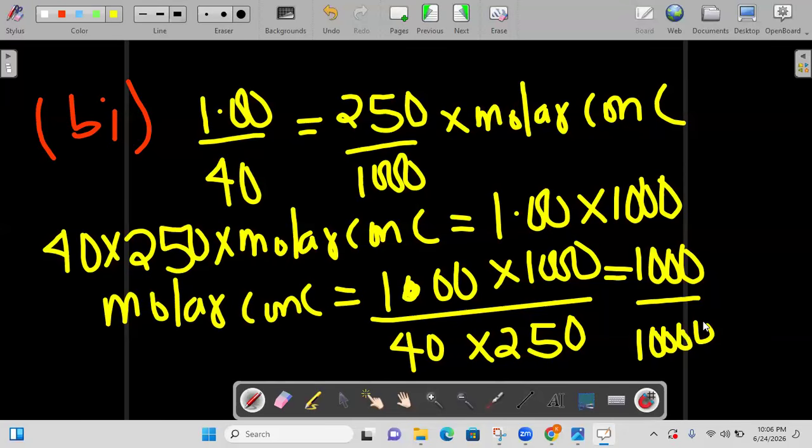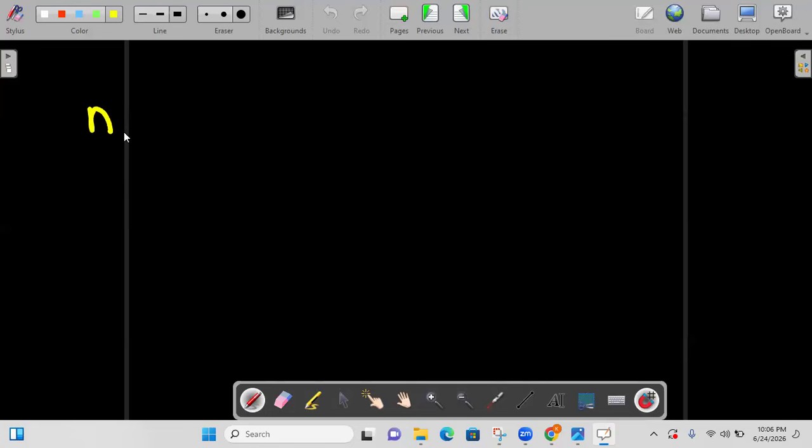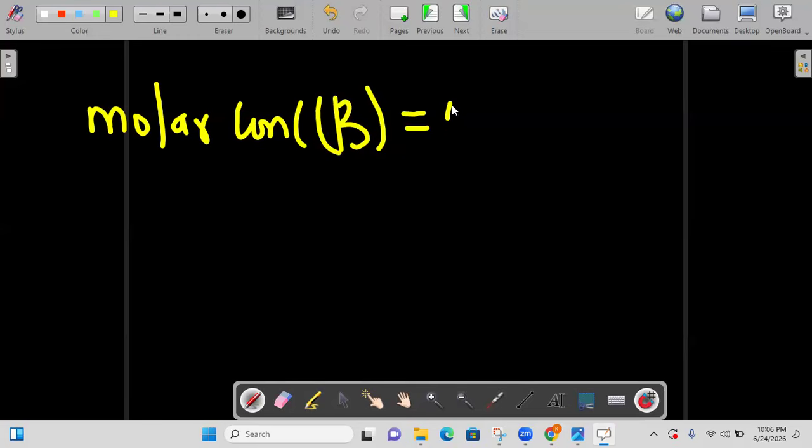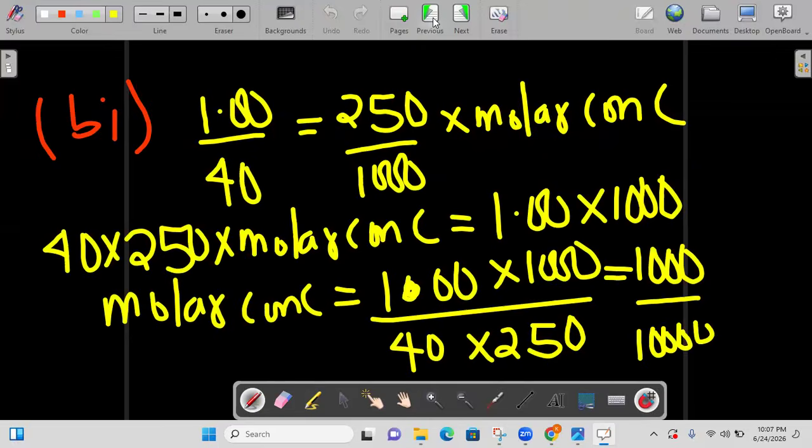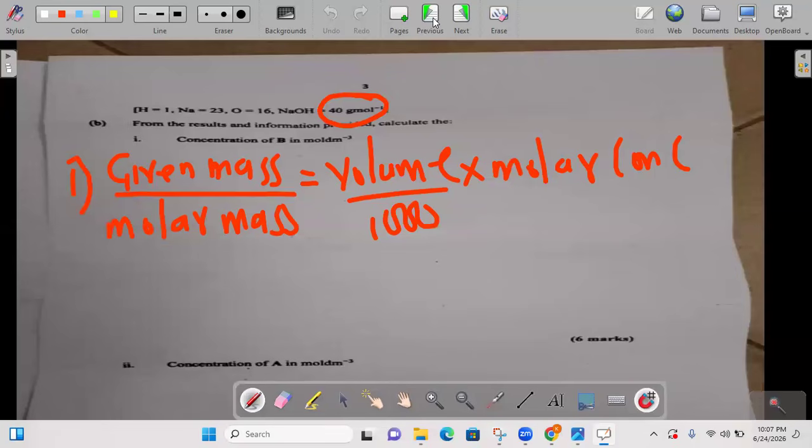So 1000 divided by 10,000 gives 0.1. So the molar concentration of B is 0.10 mole per dm3. With that, we have answered question 1B, Roman figure 1. You see that? Yes, sir. We've answered that.